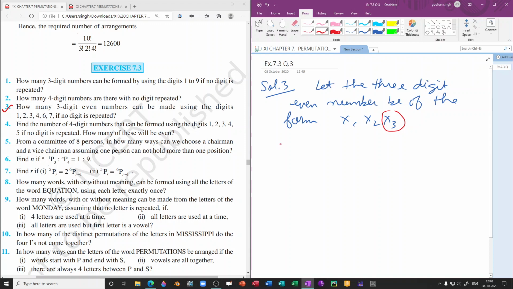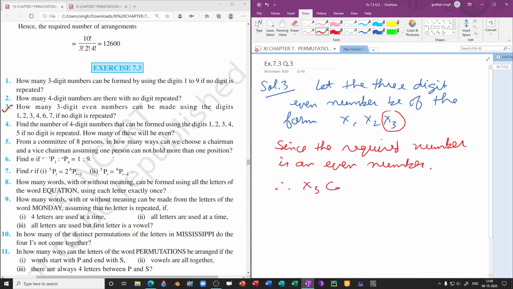Since the required number is an even number, therefore x3 can be filled up in three ways.